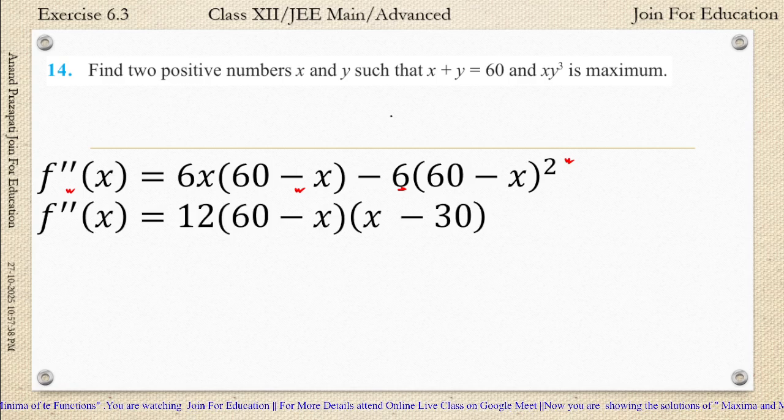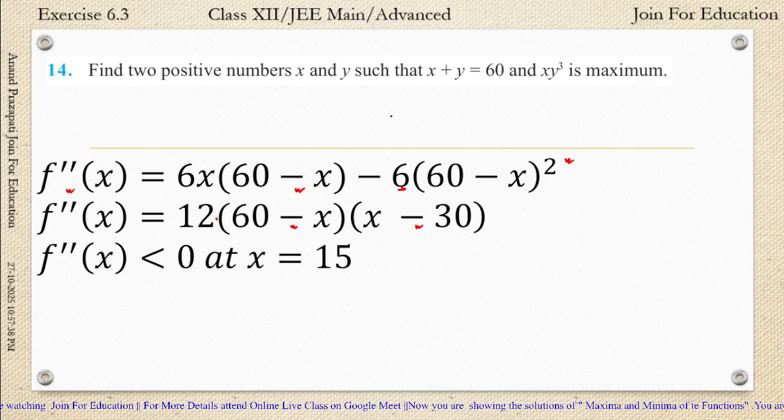So here the second derivative of the function equals 12 into (60 minus x) into (x minus 30). So the second derivative of the function will be less than 0, or negative, at x equals 15.